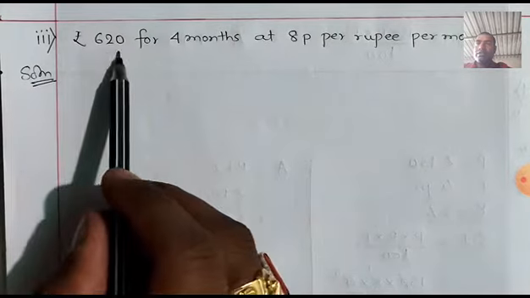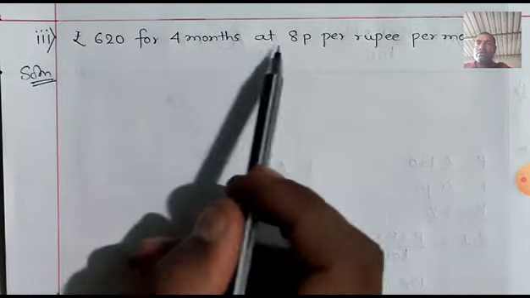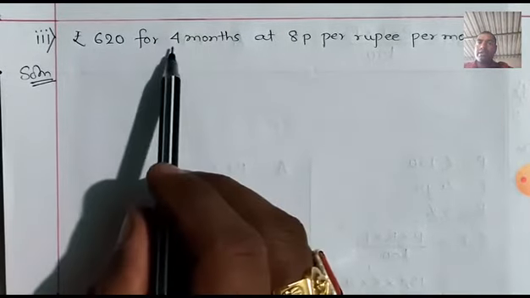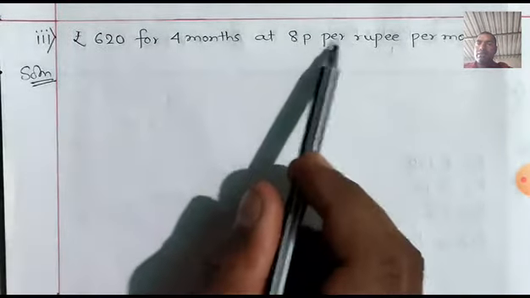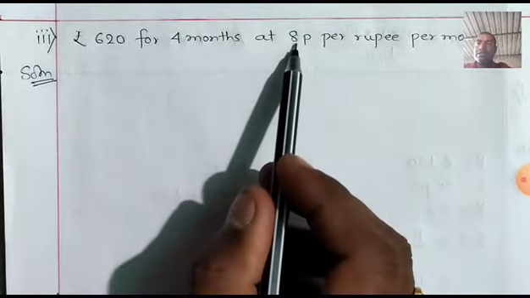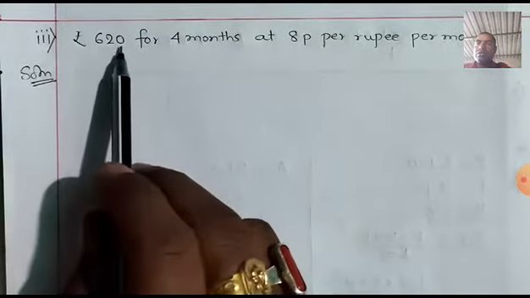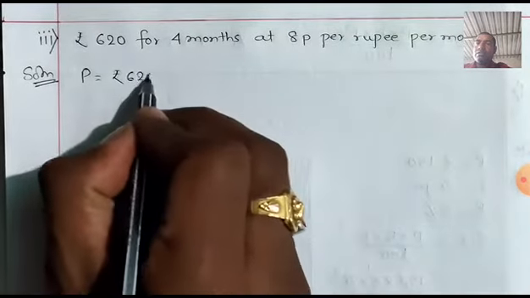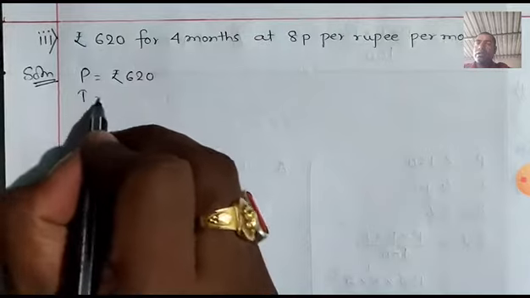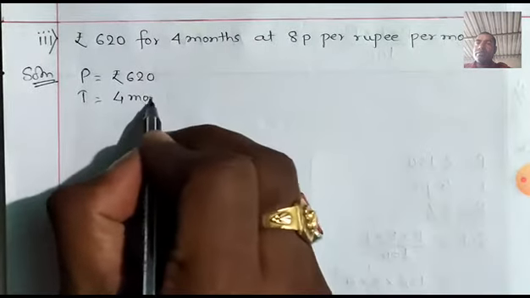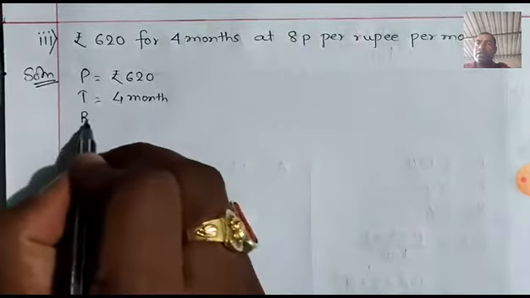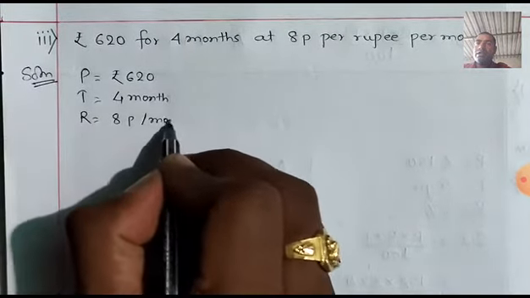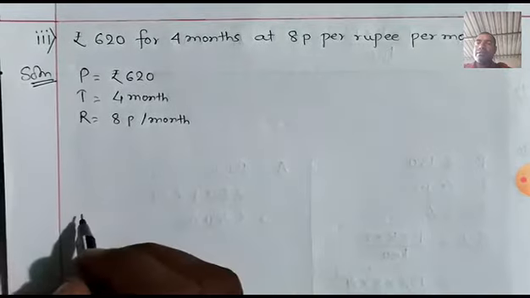In the third one, rupees 620 for 4 months at 8 paise per rupee per month. It is given like that. Time is given, rate is given, and principal is given. So principal is 620, P is equal to 620, T is equal to 4 months, and rate is equal to 8 paise per month.